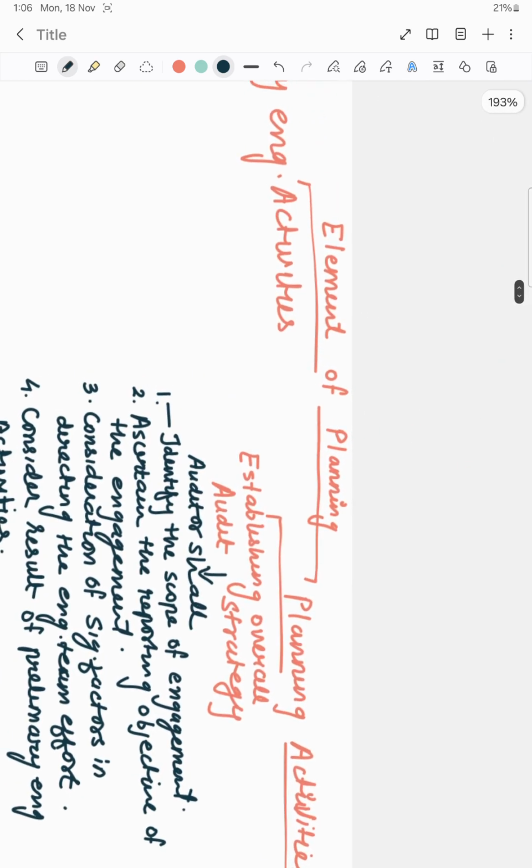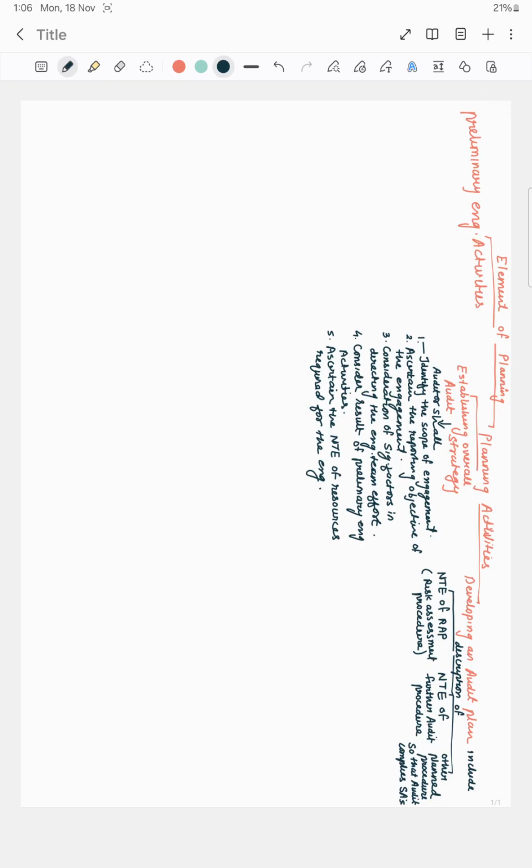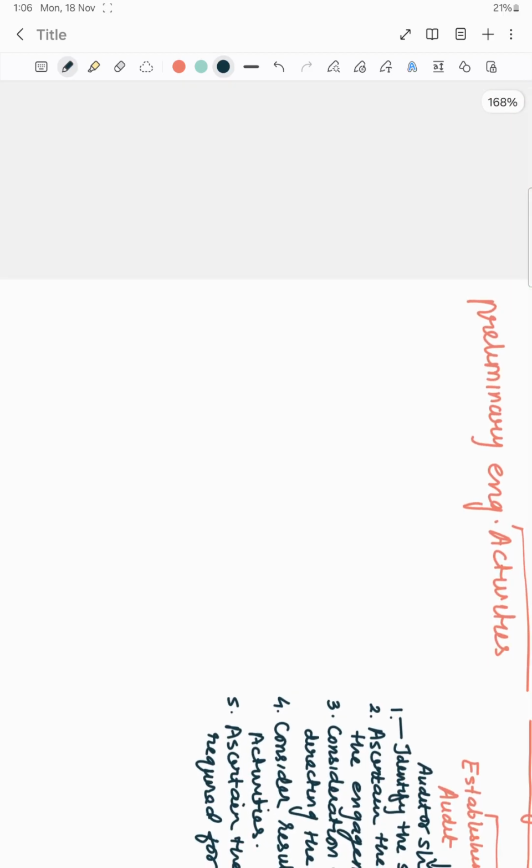Elements of planning and preliminary engagement activities.